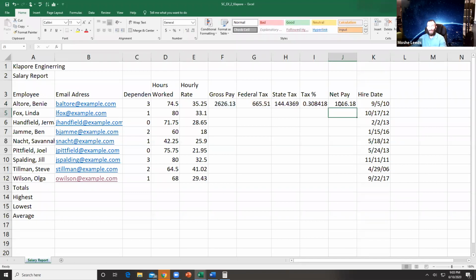Okay, so in that case, it is exactly the same. But the proper mathematical way to do that is I want to combine the groupings which I want to subtract. So I want to combine the federal and state tax, that total, and deduct that total from my gross pay, which makes my net pay 1816.18.